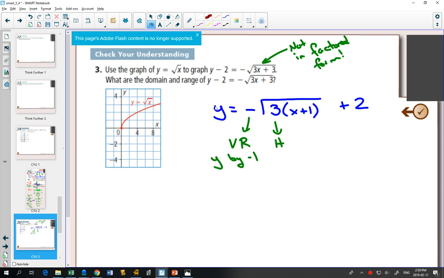It's going to affect things horizontally, and it's going to be a compression because we remember with all of our stretches and compressions horizontally, we always multiply by the reciprocal. So if there's a 3, our x values are going to get multiplied by 1/3. Plus 1 is still inside the square root. That's going to be horizontal. Horizontal translation, 1 to the left. And the plus 2 is outside, a vertical translation, 2 up.